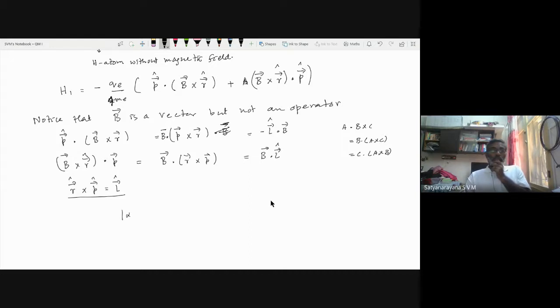So if you take a state alpha and operate with B dot L, and in the other case you operate with L dot B, then the difference is B dot L on alpha minus L dot B on alpha, so minus will be equal to these two things together. So B dot L alpha will cancel.